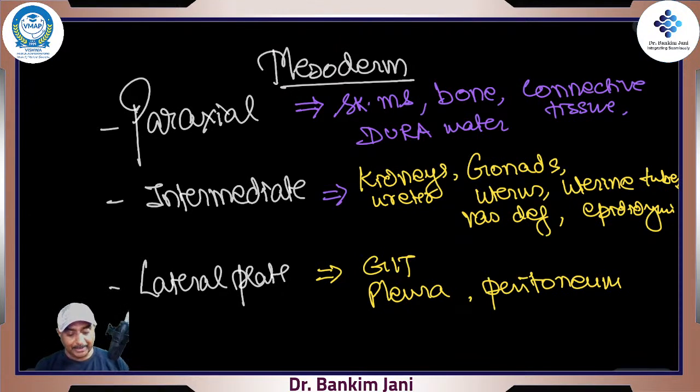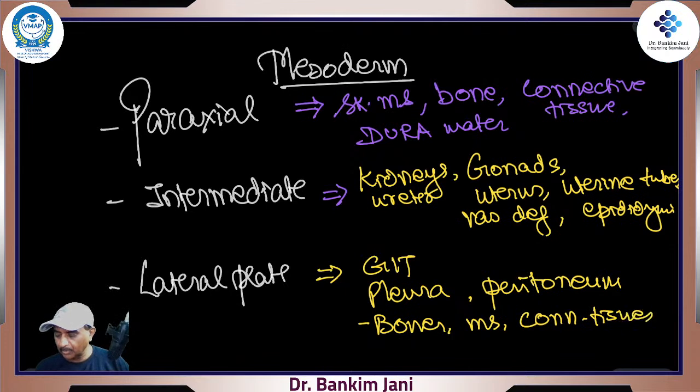Another thing, lateral plates, very logical, they are going laterally. So they will be going all the way to the limbs, upper limb, lower limb. So bones, muscles, connective tissues of limbs.